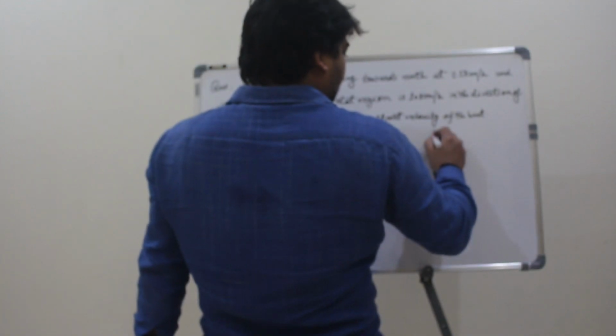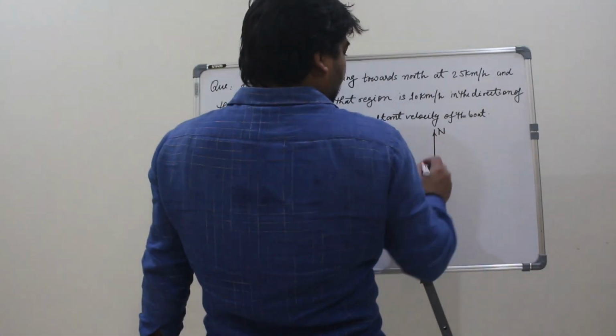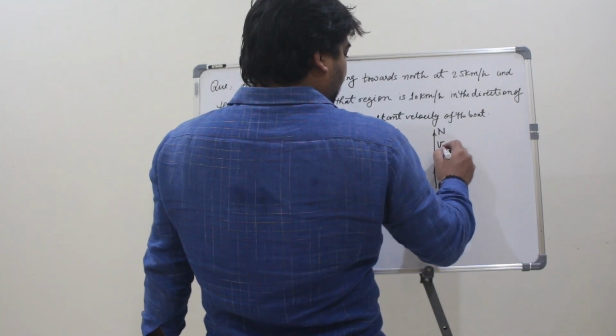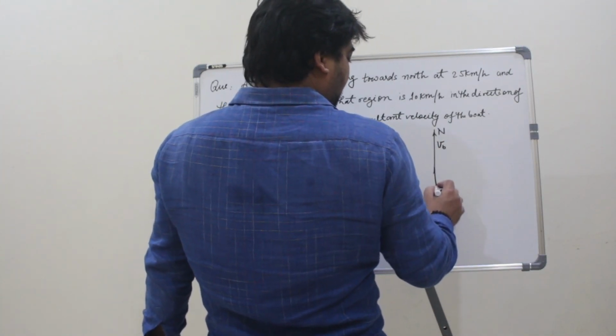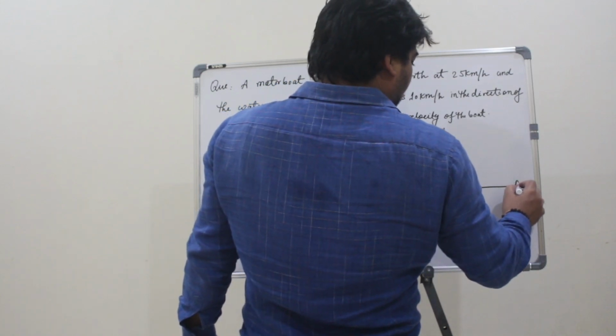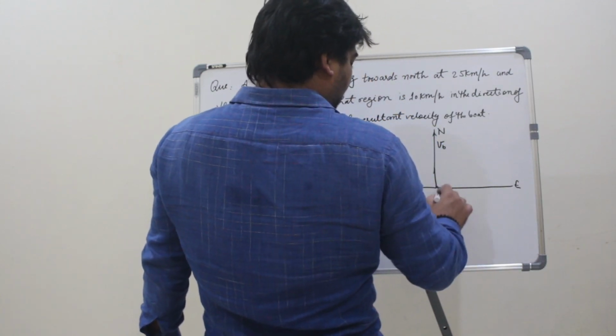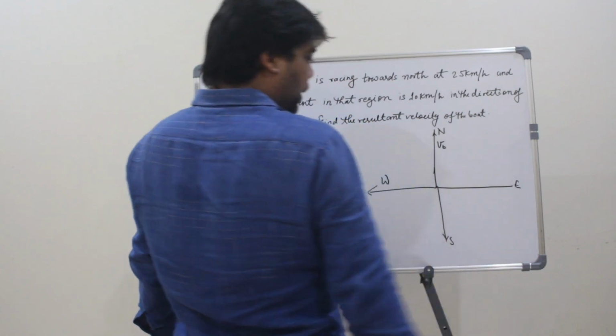Let us take this as a north direction, right? So you can write it as velocity of boat as VB. This you can take as east, west, and south, right?